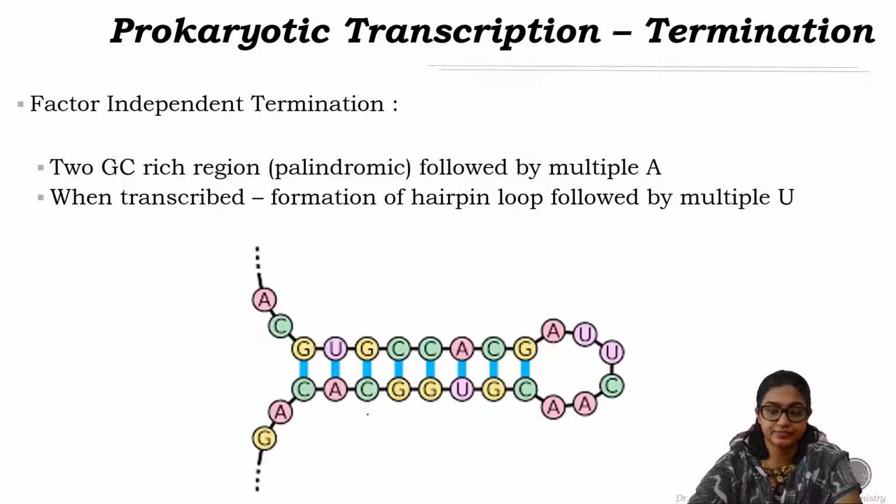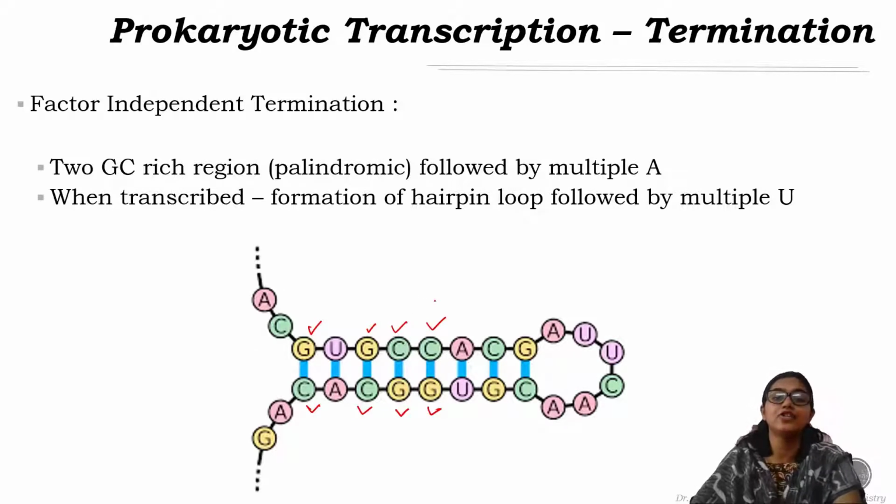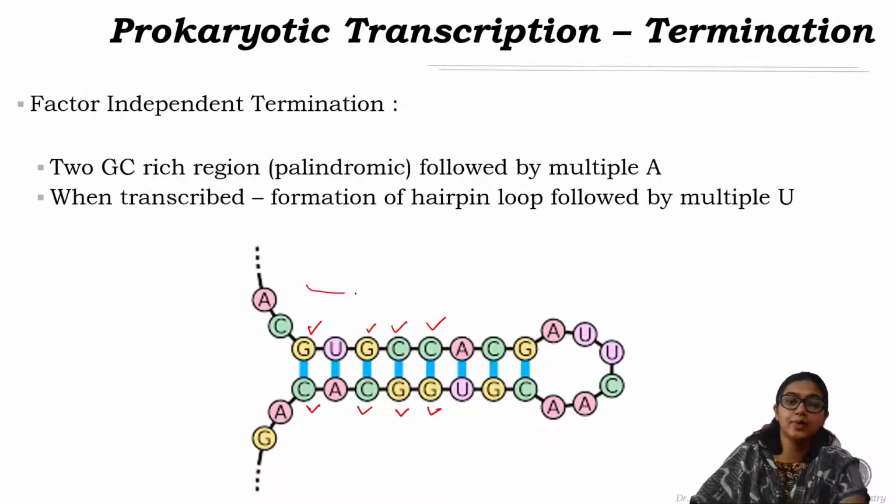Let's see what happens. In the transcribed mRNA, there are multiple G and C, and they are forming intra-chain bonds, which forms a hairpin loop.